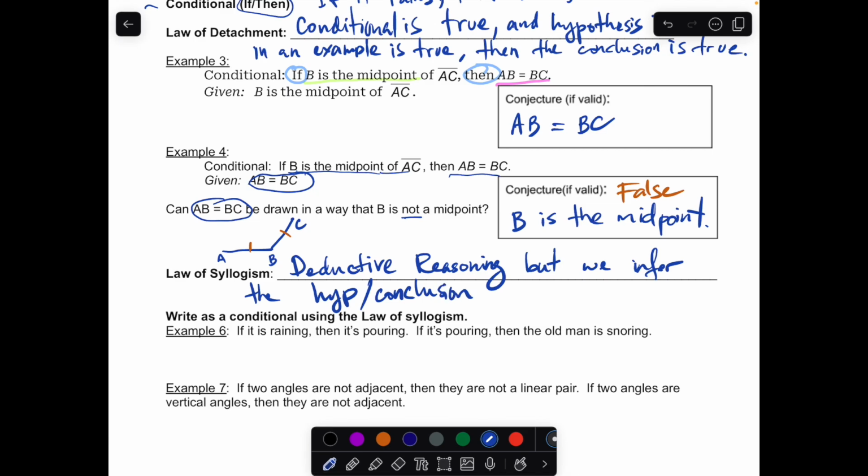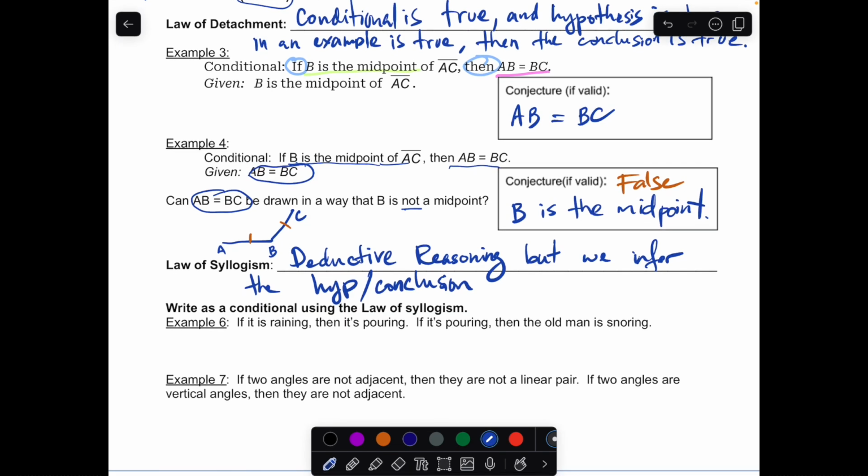Okay, so here's an example. If it's raining, then it's pouring. If it's pouring, then the old man is snoring. So let me go back a little bit and say the law of syllogism is equivalent to the transitive property. This is where we say A is equal to B and B is equal to C. Therefore, A must be equal to C.